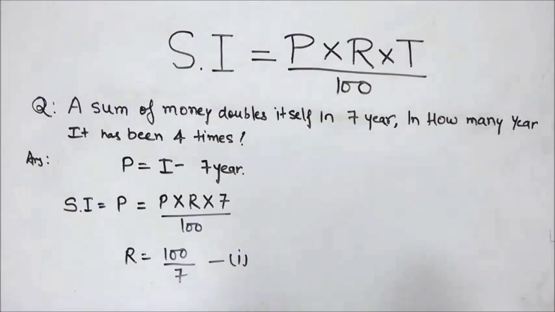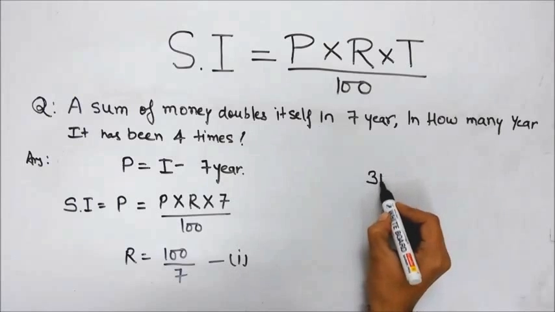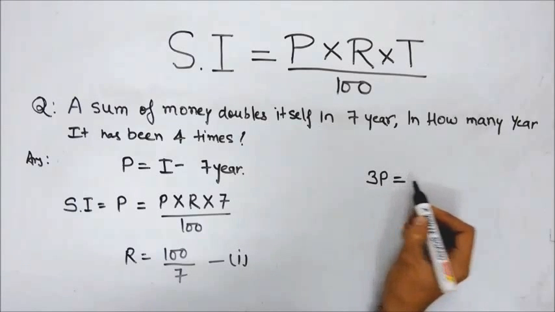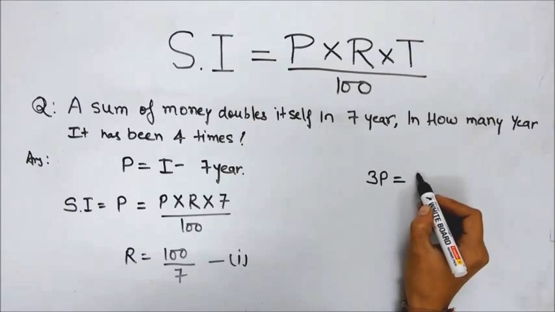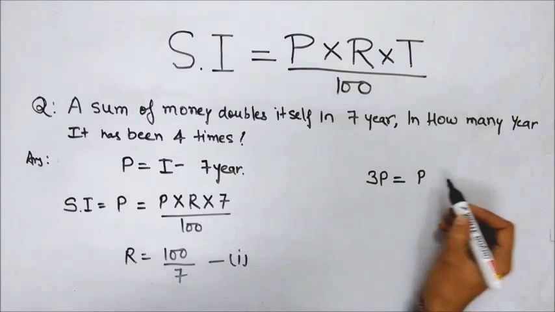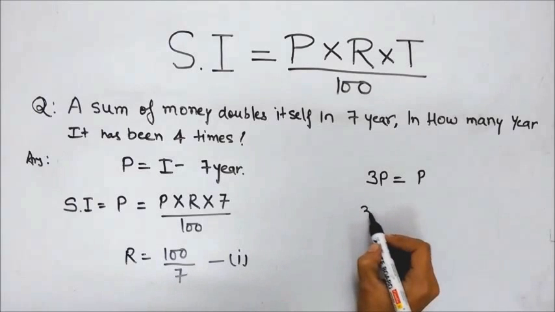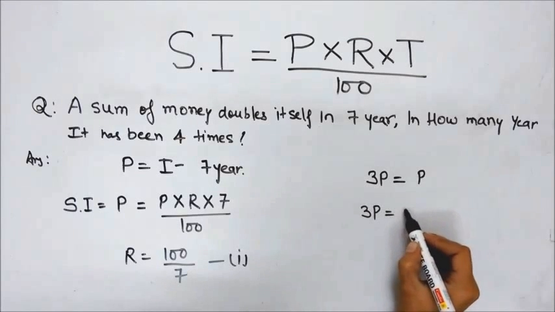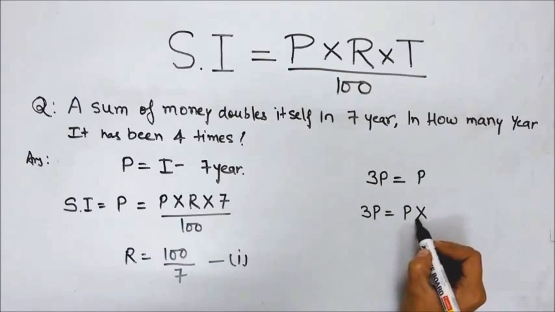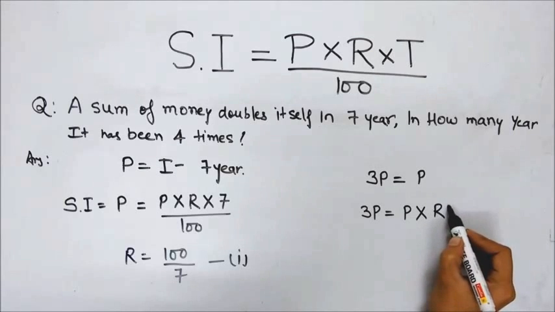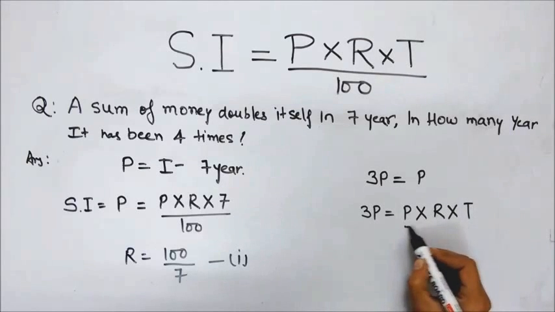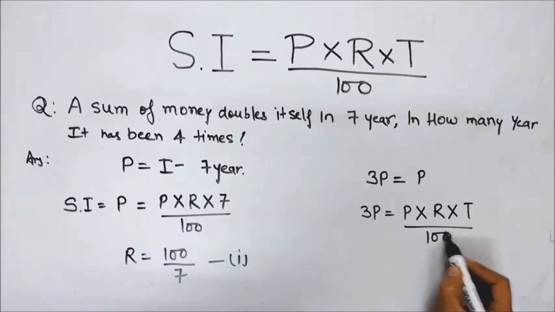In how many years will it become 4 times? That means thrice of P is equal to interest in given period of time. Now put the values, that is thrice of P is equal to P into R into T divided by 100.